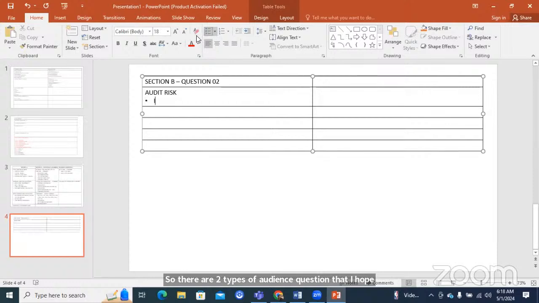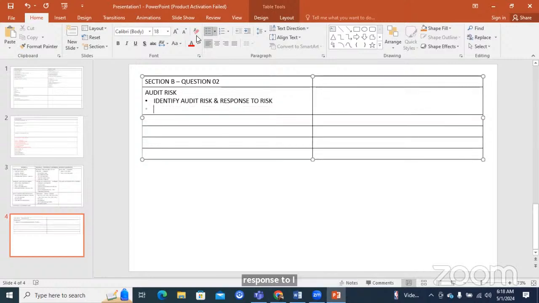One is identify audit risk and response to audit risk. The other is perform ARP, analytical review procedure, and identify audit risk and response to audit risk.